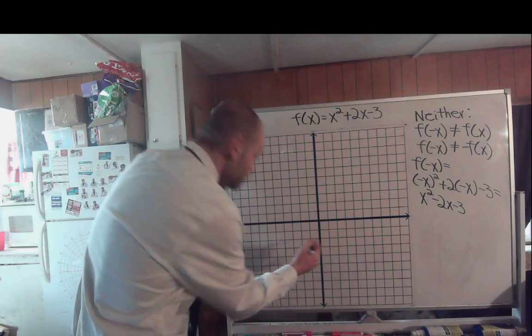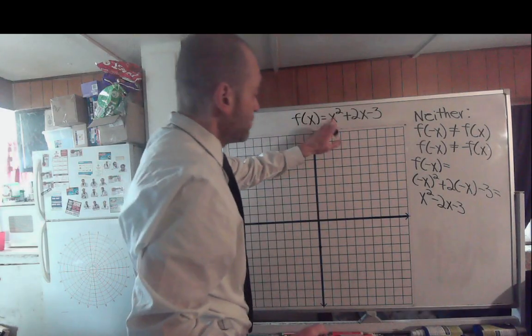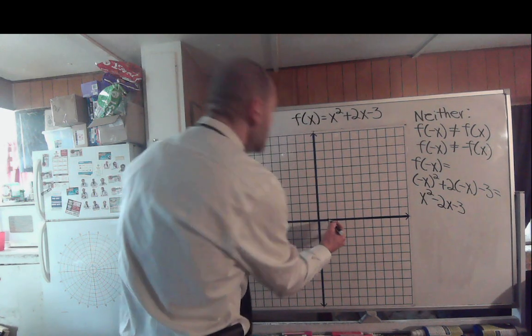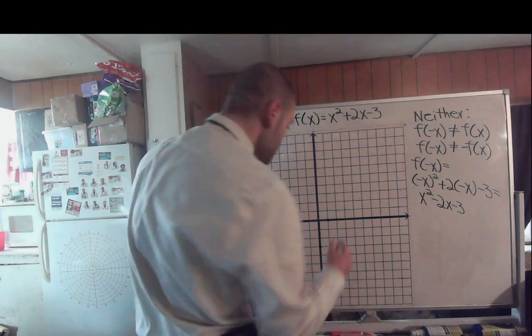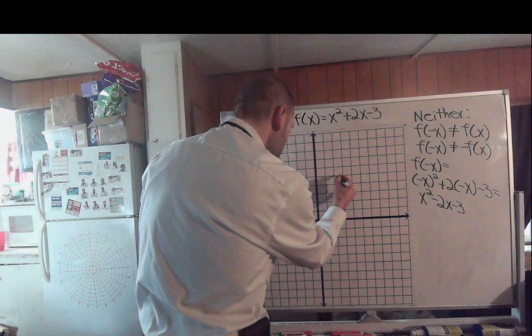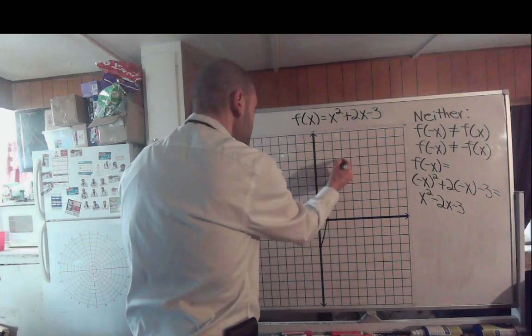Let's graph this. You'll get 0, negative 3. 1, I would get 1 plus 2 is 3, minus 3 is 0. 2, I would get 4 plus 4 is 8, minus 3 is 5. So it's going to keep going up to the right.